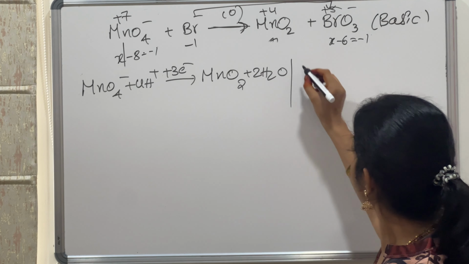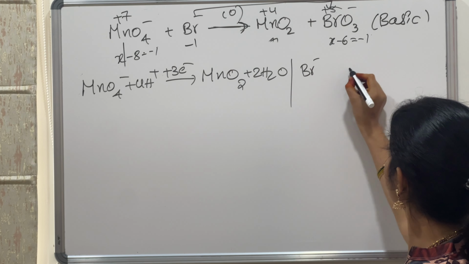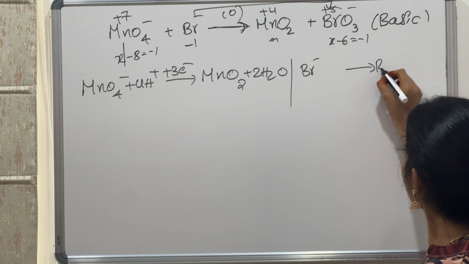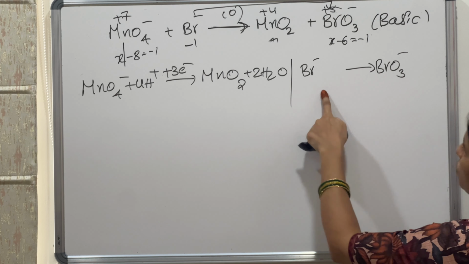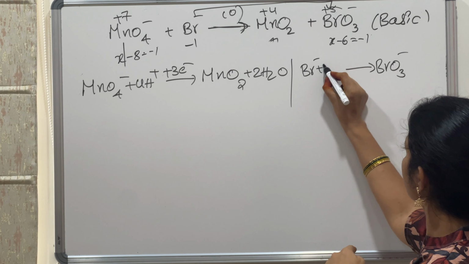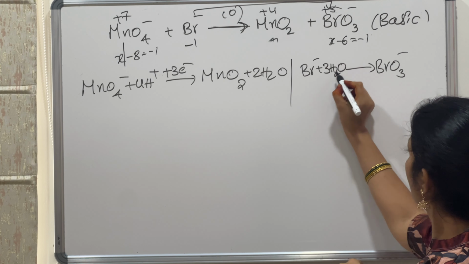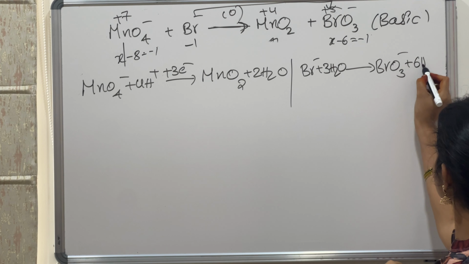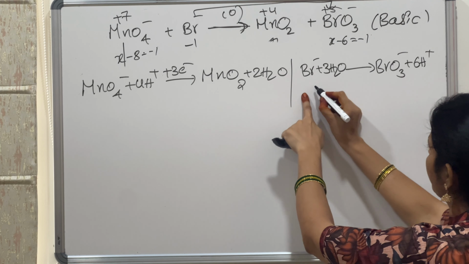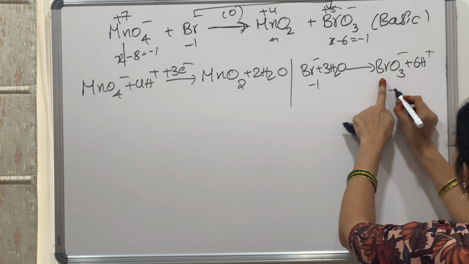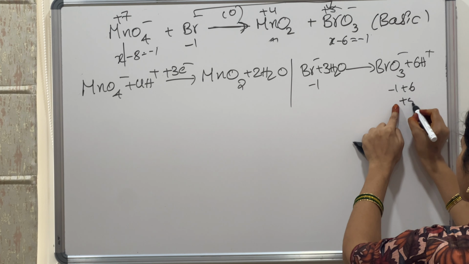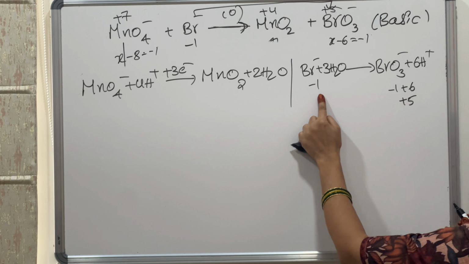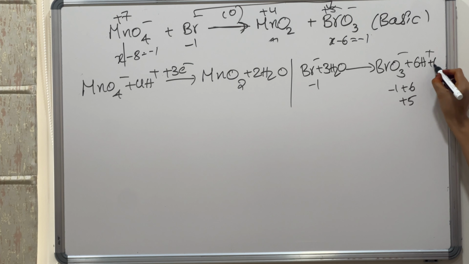And next here it is Br minus to BrO3 minus. For the oxygens you add 3H2O and 6H plus on this side, and minus 1 on this side, minus 1 plus 6. So here it is plus 5, but here it is minus 1. If you add 6 electrons, what will it become?